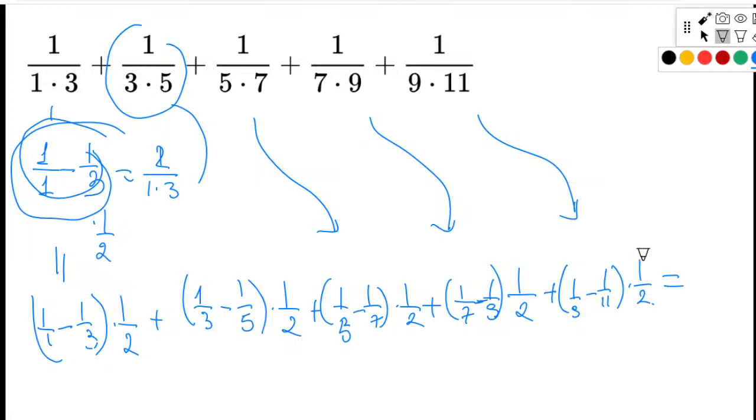This all equals to this, right? So these values are the same. Now we need to calculate this one.